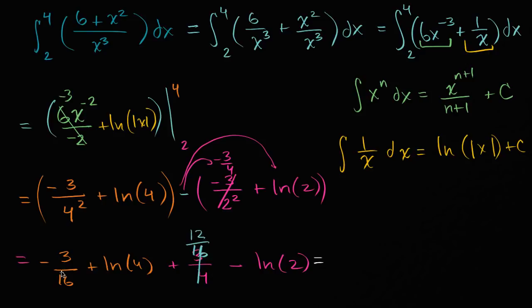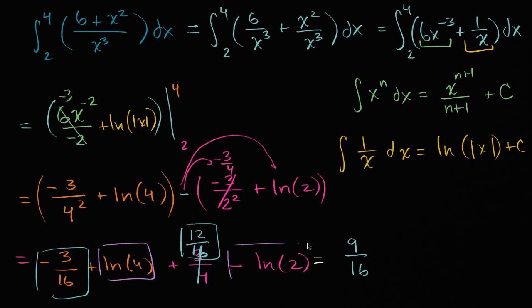And so you have negative 3/16 plus 12/16 will give you 9/16. And then we're going to have the ones that do involve the natural log. Natural log of 4 minus the natural log of 2.